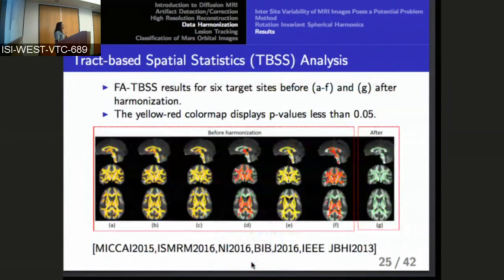And these are some TDSS results. Here we have different subjects.